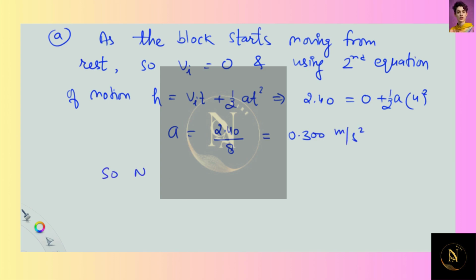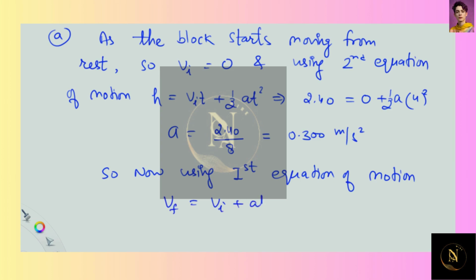So now using the first equation of motion, in order to find final velocity of the block after 4 seconds, Vf is equal to Vi plus a into t, means this is 0 plus 0.300 meter per second square into time, which is 4 seconds.